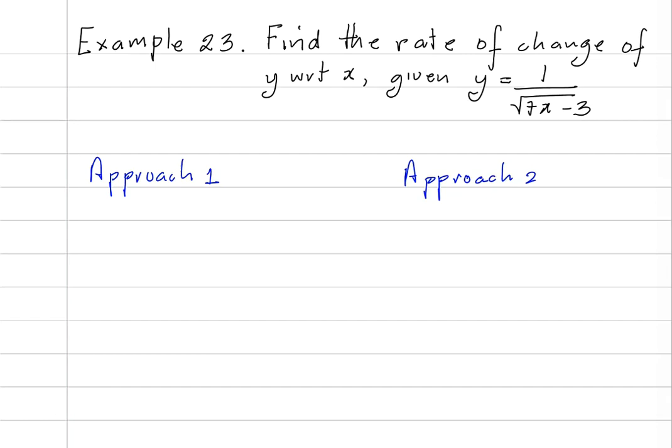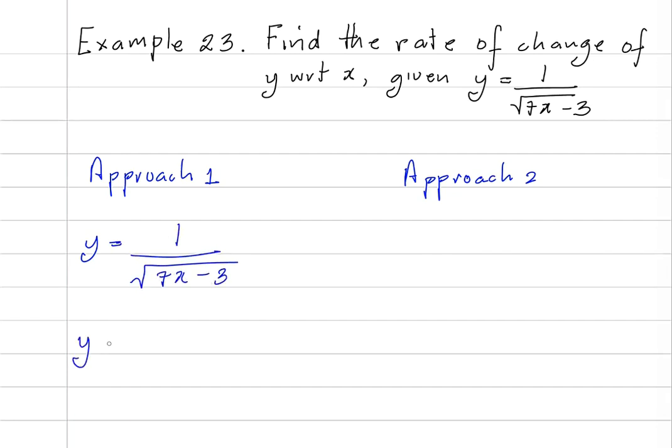Again, when you're asked to find the rate of change of y with respect to x, essentially you're being asked to find dy by dx, which is the gradient function. So y is equal to 1 over the root of 7x minus 3.